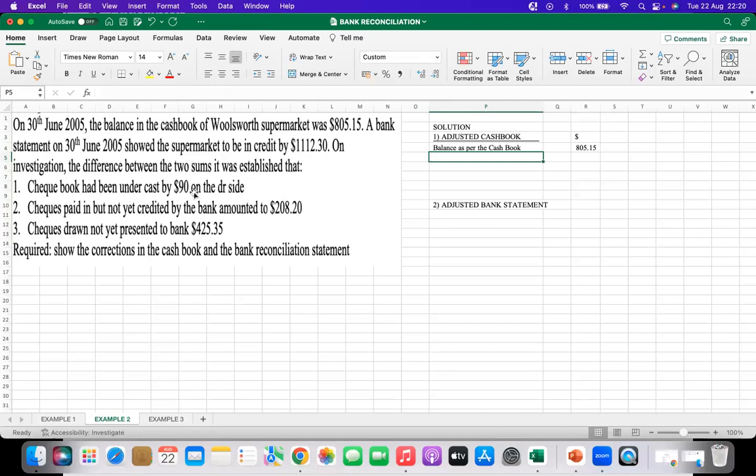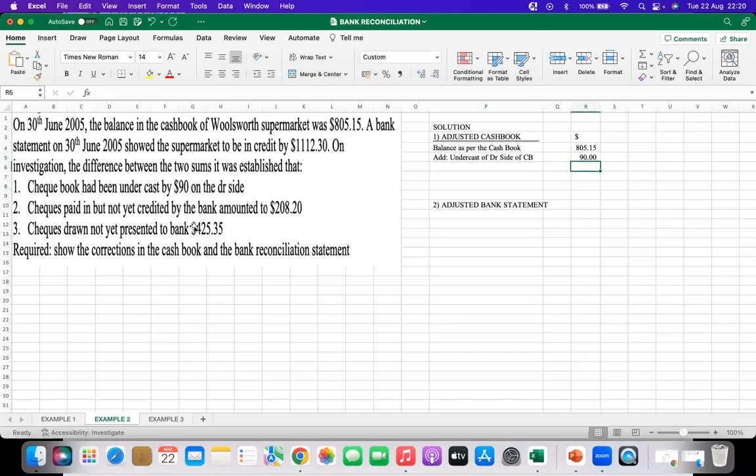Because it's understated, we need to add it back because it was a debit entry in the cash book. It was understated by $90. So in that case, we need to add that amount of understatement: add undercast of debit side of cash book. It was undercast by 90, so you need to add that.